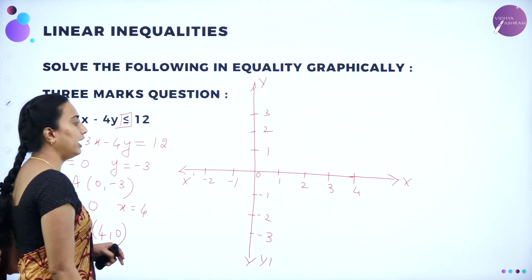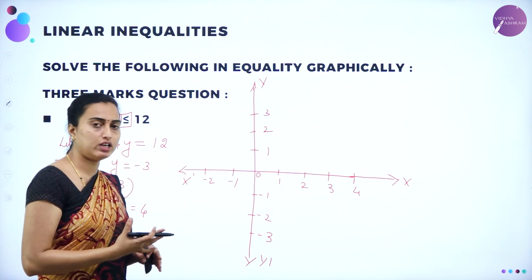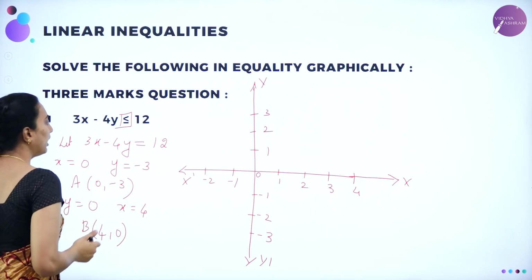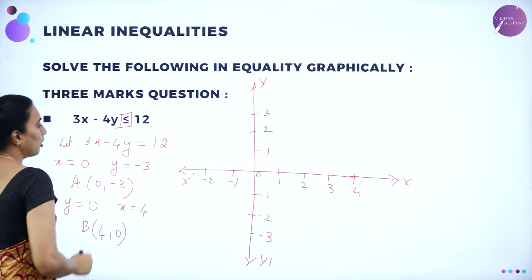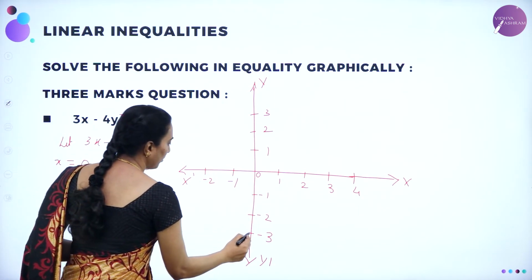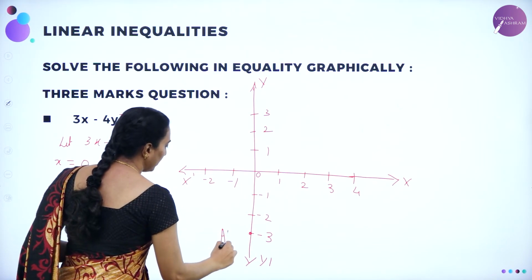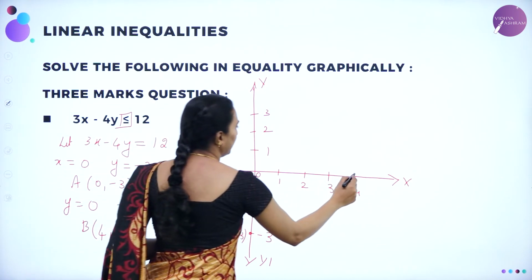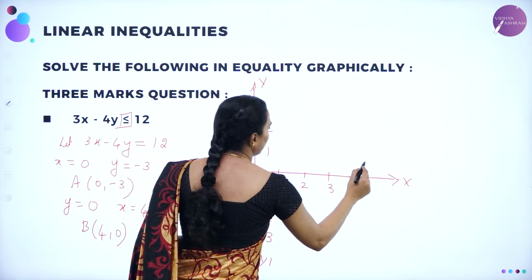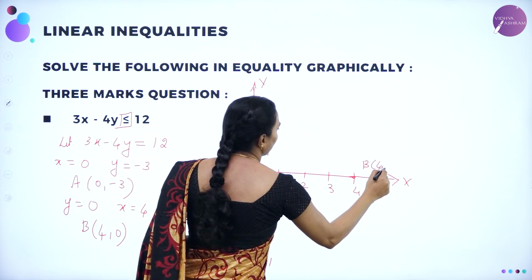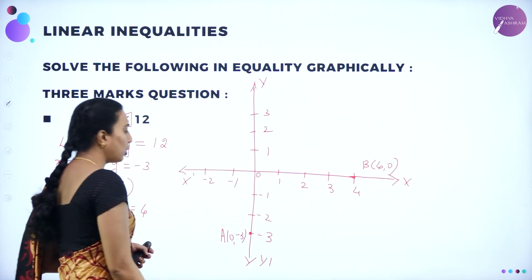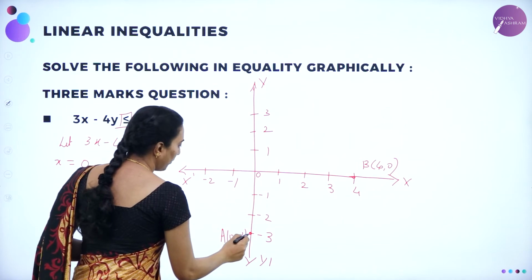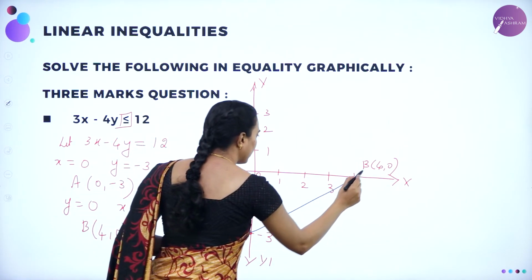Don't forget to write x, x dash and y, y dash, which is important in graphical representation. And then you are going to mark the points. So A of 0 comma minus 3, where will it lie? Down. That is A of 0 comma minus 3. And B of 4 comma 0 here. So let us join the points by a solid line.